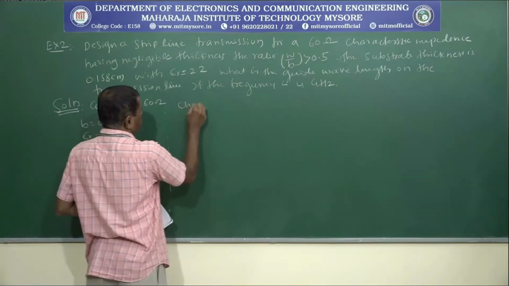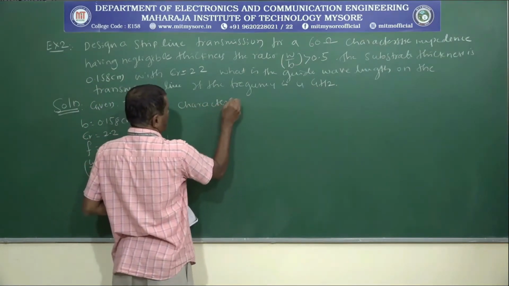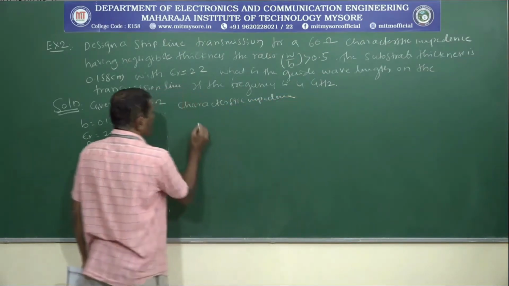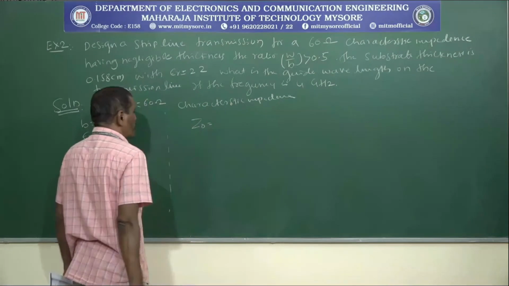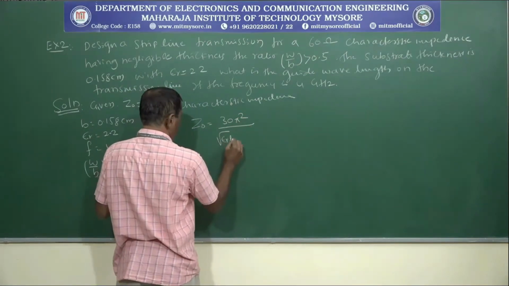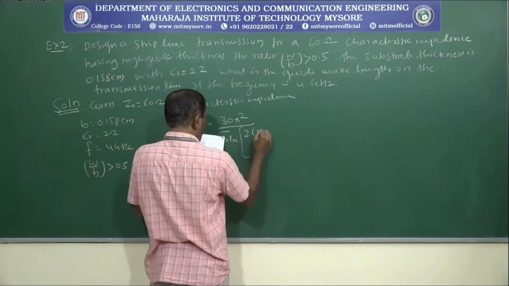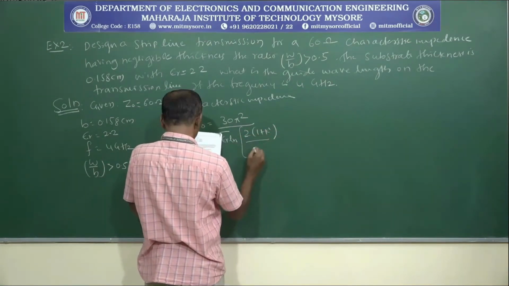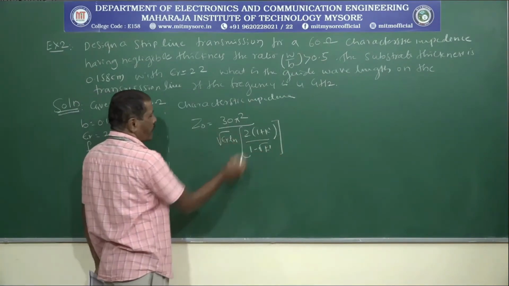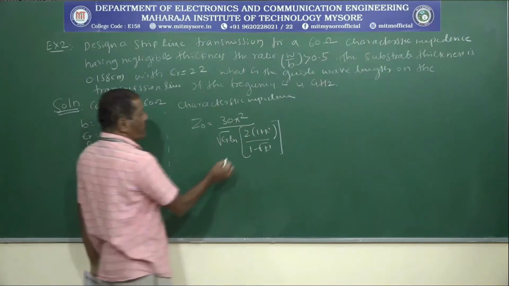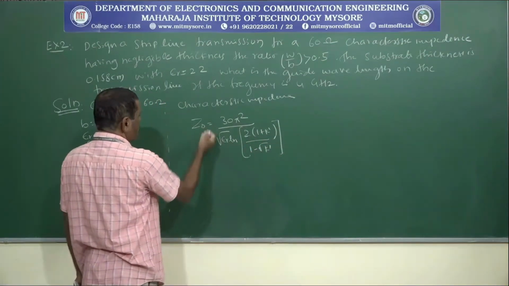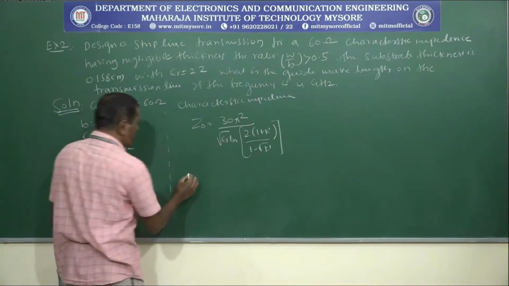The characteristic impedance Z0 can be calculated from these equations. First we will calculate the values of these denominator terms, then substitute and get the value of Z0.